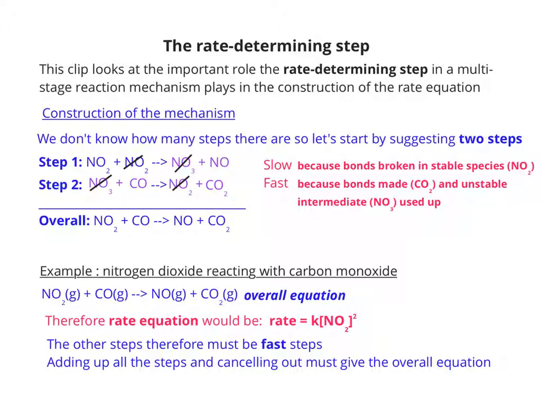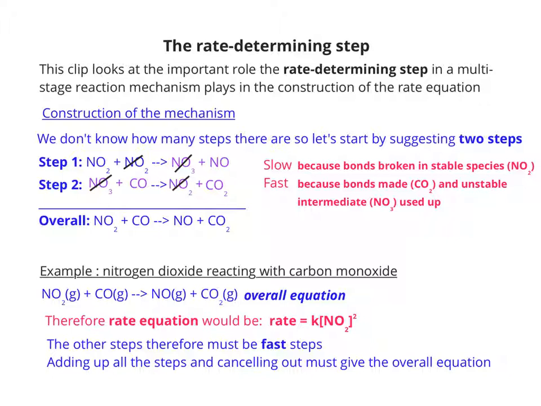So it's worth summing up by having a look at some of the reasons behind why the slow step is actually slow. You'll generally find that slow steps involve breaking bonds, which is an endothermic process which requires energy. And in this case, a bond is being broken in a stable species, NO2. In step 2, bonds are being made, which is exothermic, and therefore this tends to happen more easily.